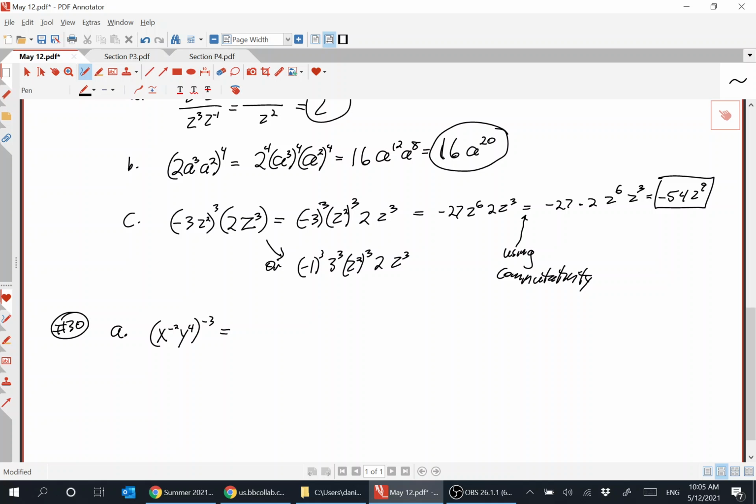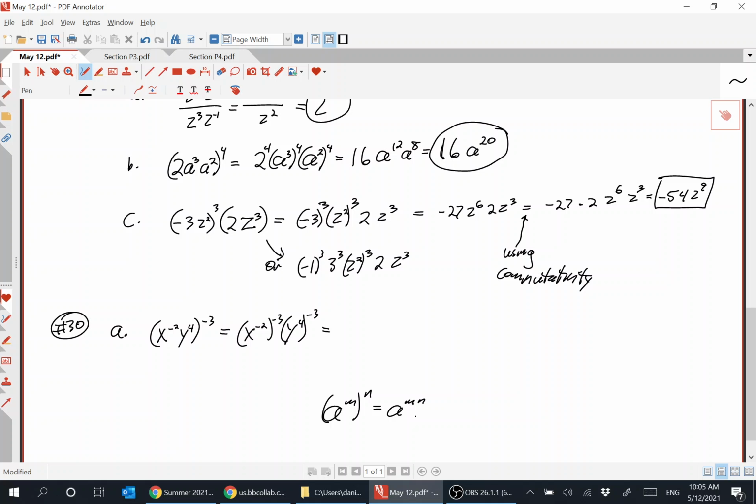Okay, so let's distribute the exponentiation through. So this becomes x to the minus 2 to the minus 3, y to the 4th to the minus 3. Multiply. So just because the exponents are negative doesn't change anything. You can still just follow that identity that a to the m to the n is a to the m times n.